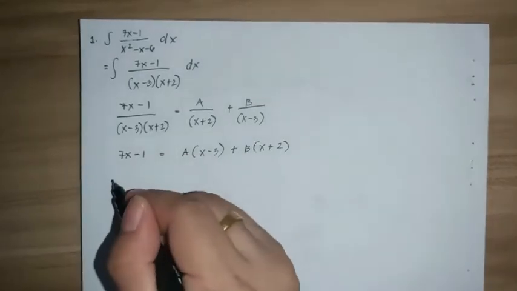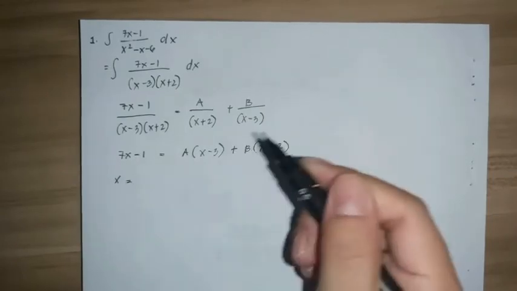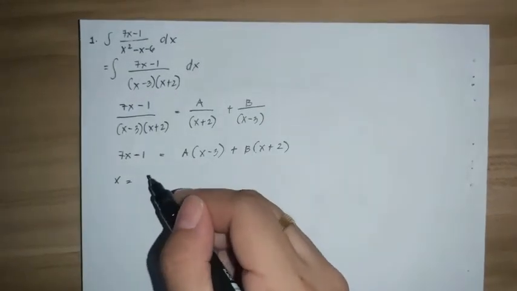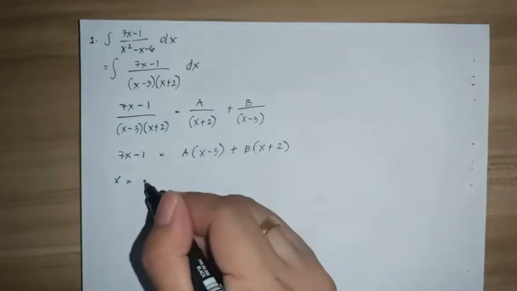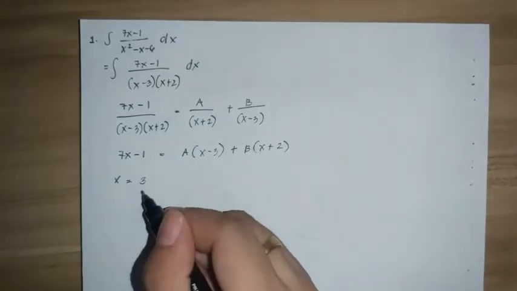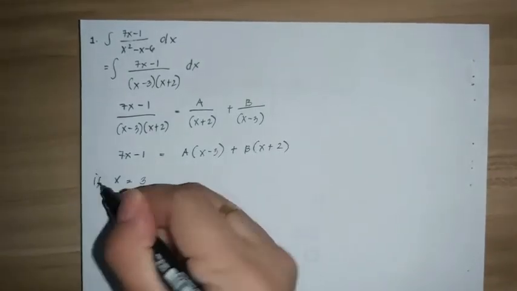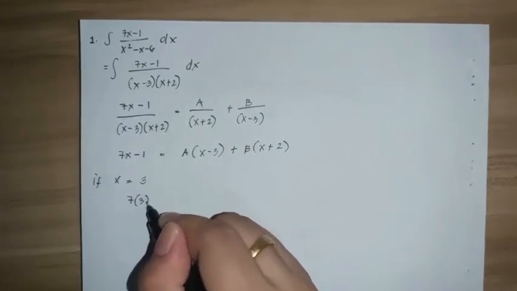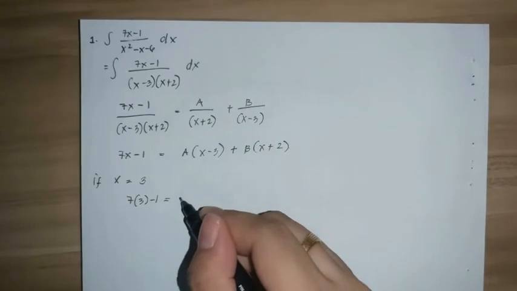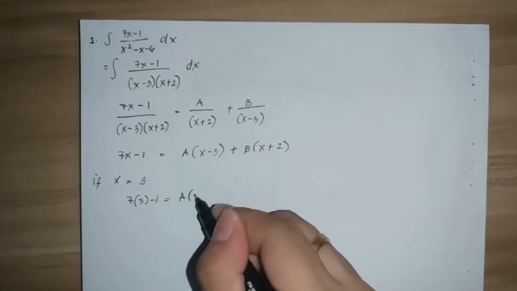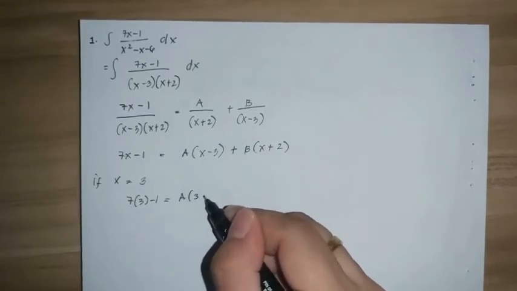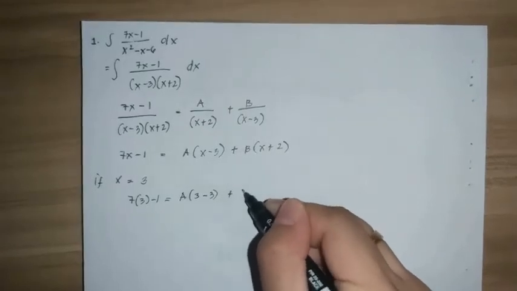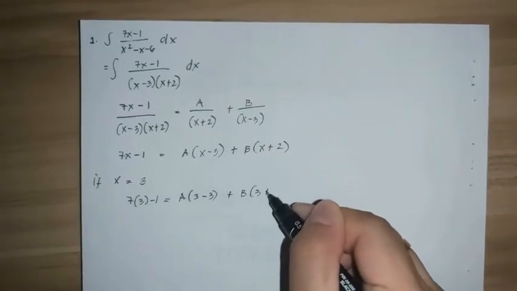If I set x equal to 3, we will have 7 times 3 minus 1 is equal to a times (3 minus 3) plus b times (3 plus 2).